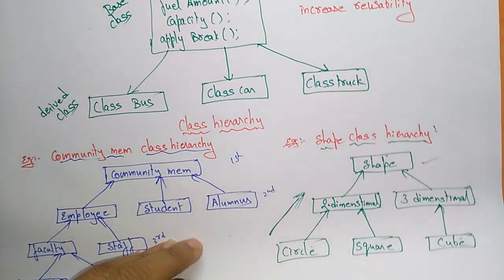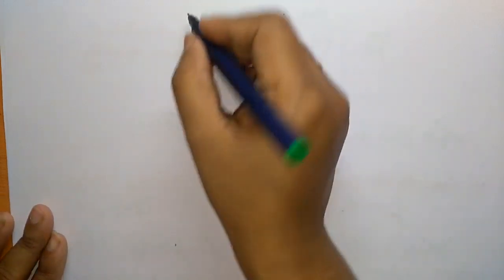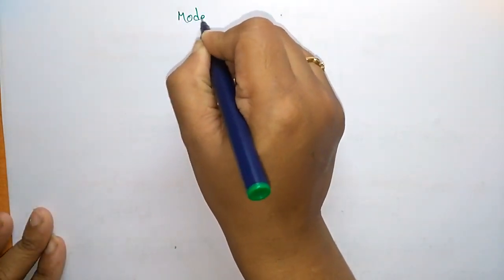Now let us see, actually, in inheritance you use access specifiers. I already explained about the access specifiers or modifiers, private, public and protected. So in inheritance also we use these modes: private, public, protected. You call them modes of inheritance.